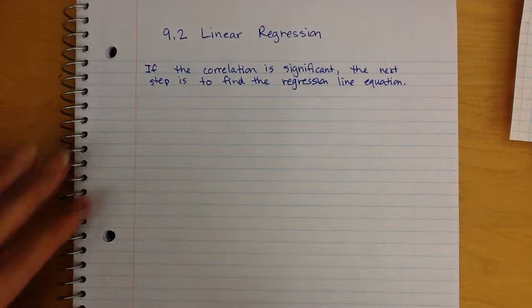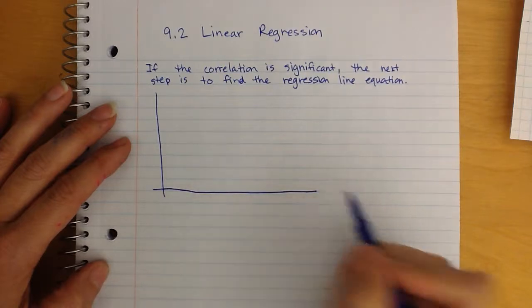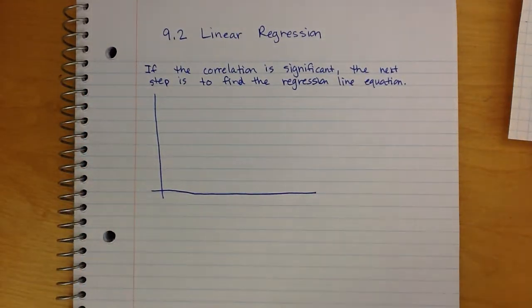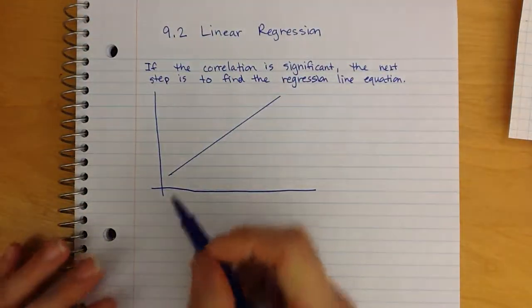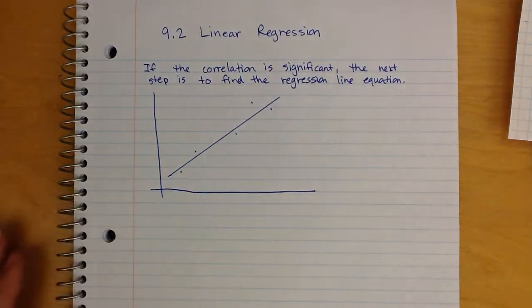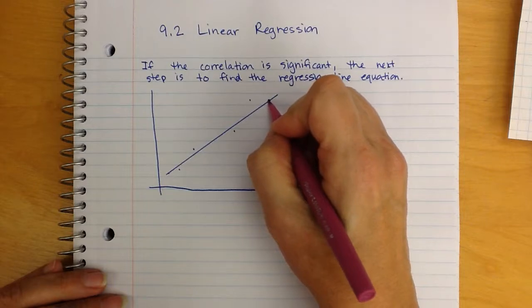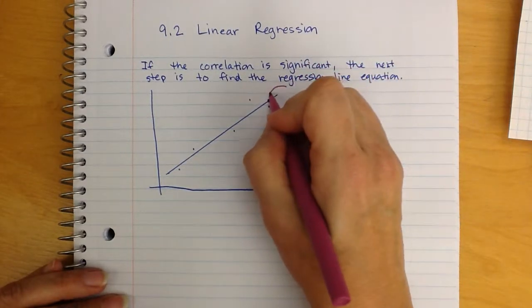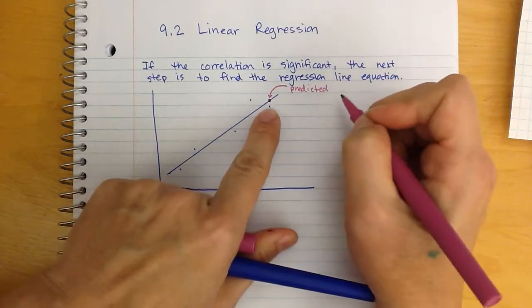Okay, so let's look at just a real basic scatter plot and line of best fit so that I can talk to you about the process here. So let's say we've got a line of best fit like this, and we've got data values that are not exactly on the line, but they are close to the line. Then what we see from our linear regression model is that this right here that's on the line is our predicted y value that would go along with this data value right here.